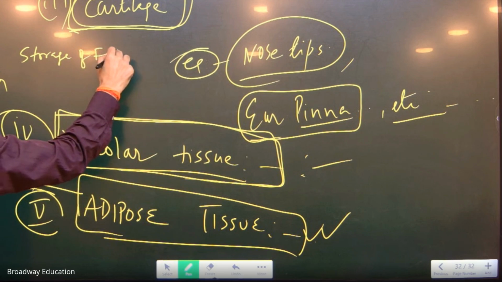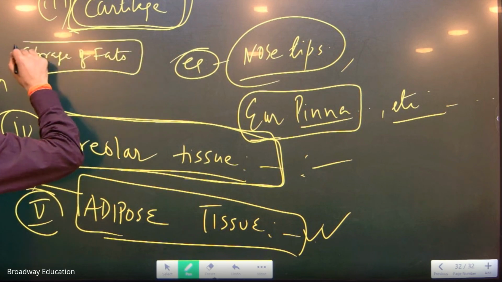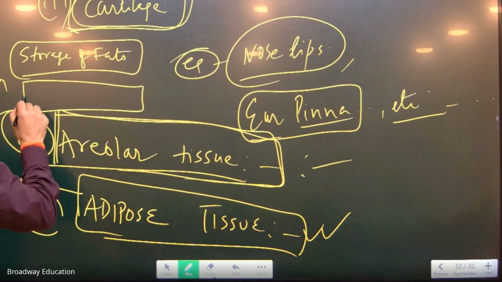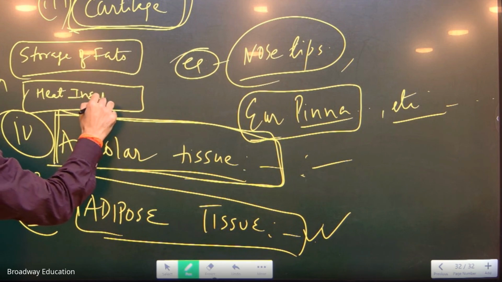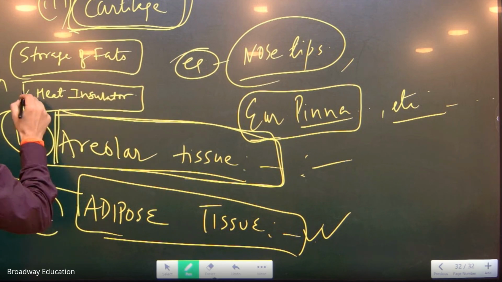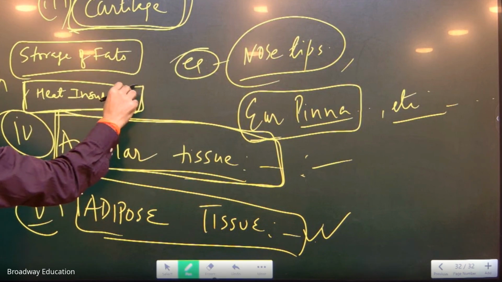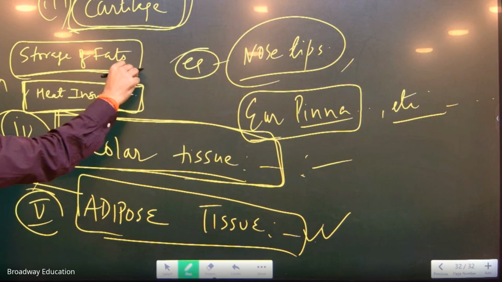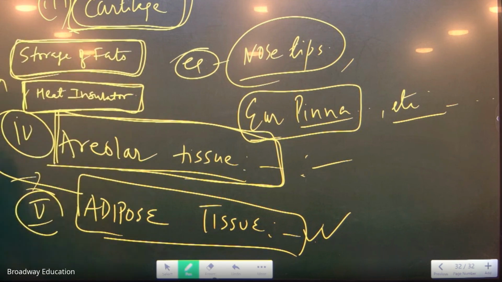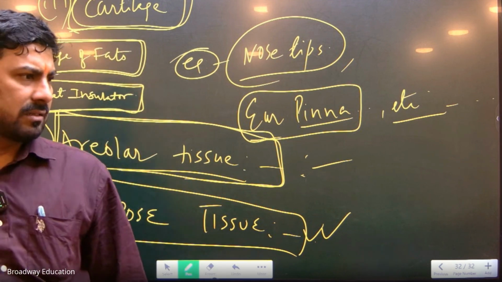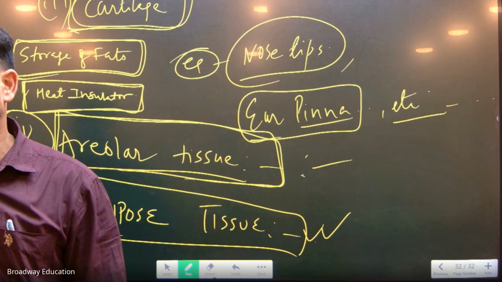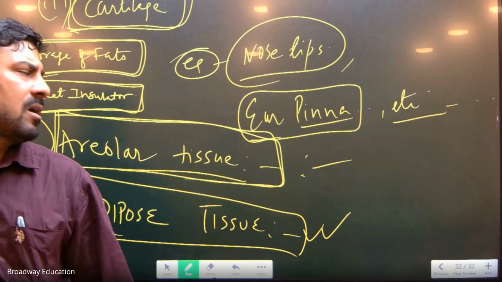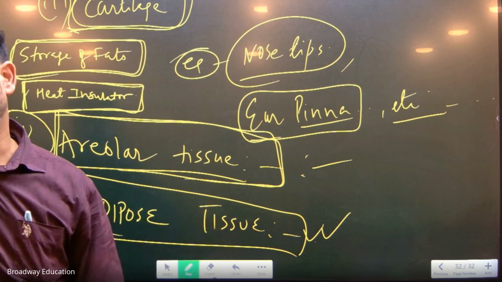Storage of fats is one function of this tissue, and the third one is heat insulation. Understood? So these are the two functions performed by adipose tissues.